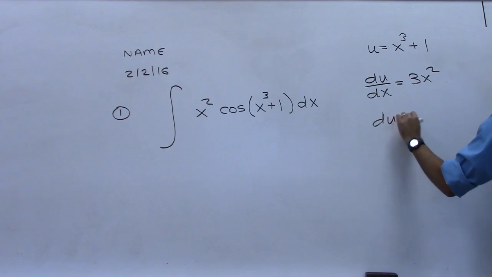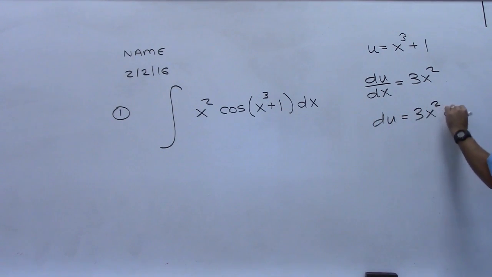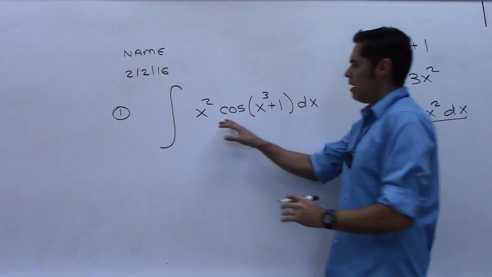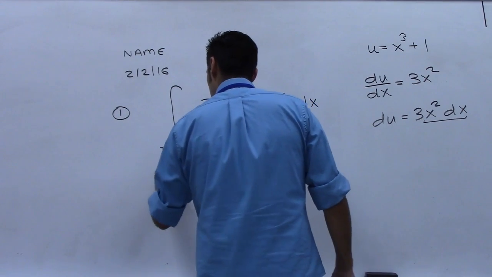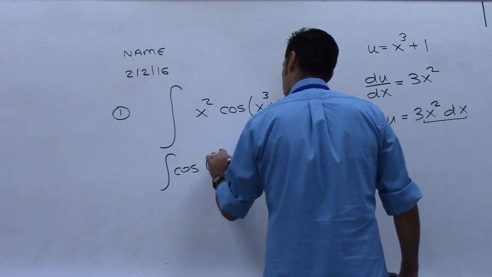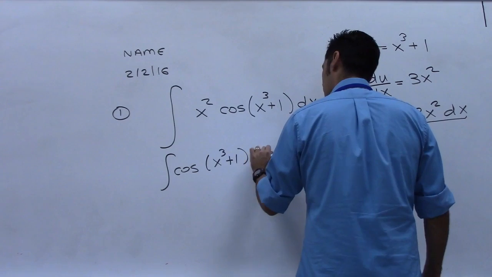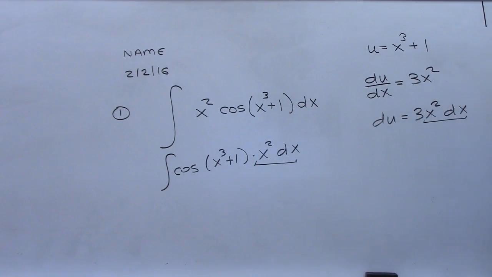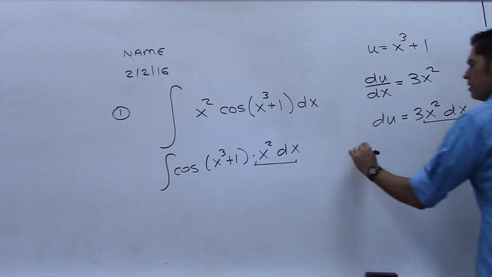So you could rewrite this as du equals 3x squared dx. Right? And you have x squared dx here. You're trying to see if you've got that over here. If I rearrange this, then you have it right there. So we just need to get rid of that 3, so we scale both sides by a third.